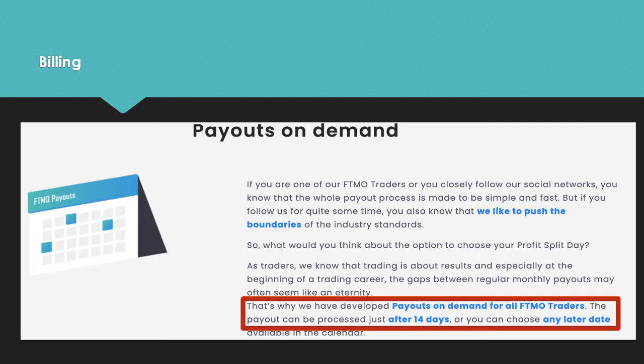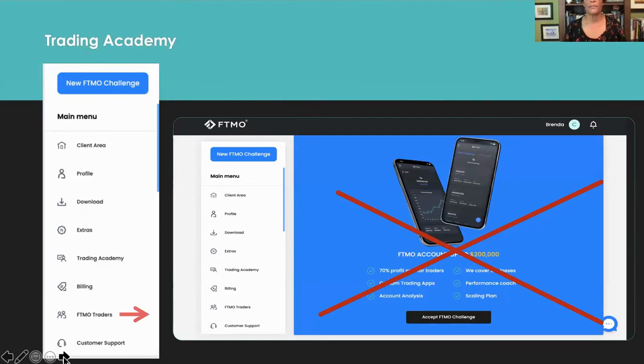So let's keep going, from billing to FTMO traders. So why is there not a picture here? Because this area is only for FTMO funded traders. What is shown here are the FTMO contracts, which are legally binding documents.